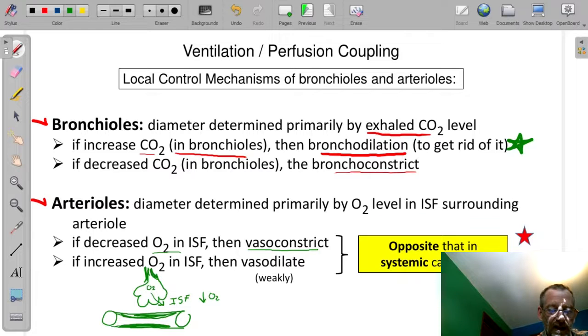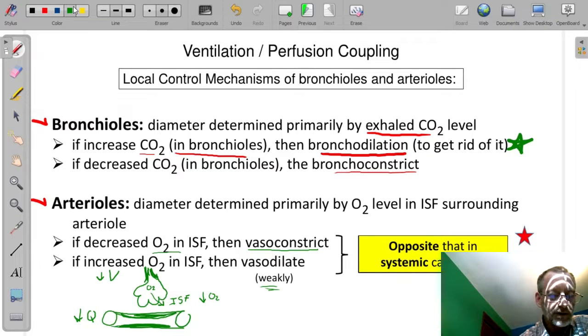Reduced ventilation is down, and now we have reduced perfusion that's down. That's the idea. And then the opposite also. If we have increased O2 in the ISF, then vasodilate. That's a rather weak response because the blood vessels are already mostly fully dilated anyway.